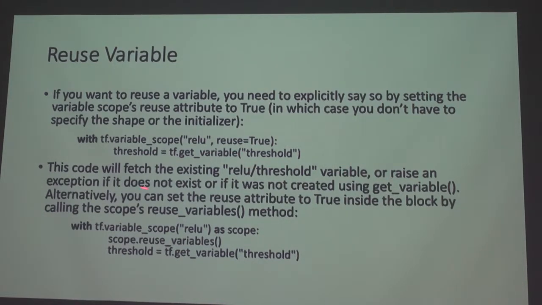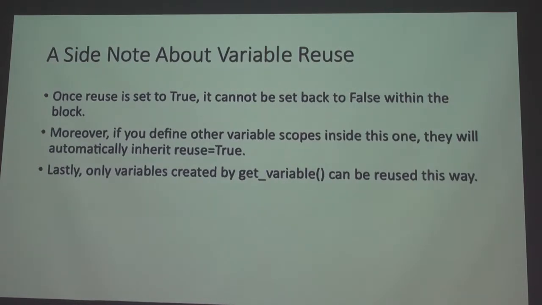If you do that, this code will fetch the existing relu/threshold variable, or raise an exception if it does not exist or if it was not created using get_variable. Alternatively, you can set the reuse attribute to True inside the block by calling scope.reuse_variables(). This is an example. There are a lot of things that allow you to control these behaviors.